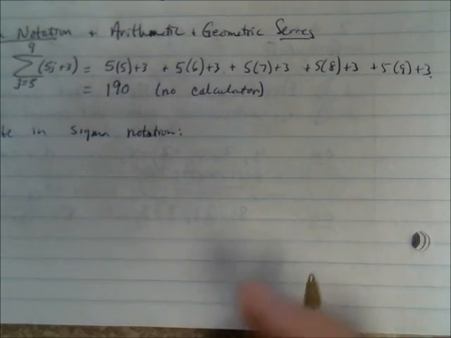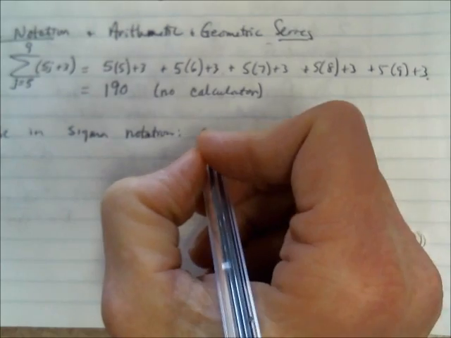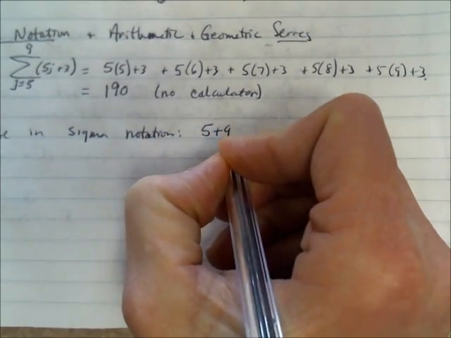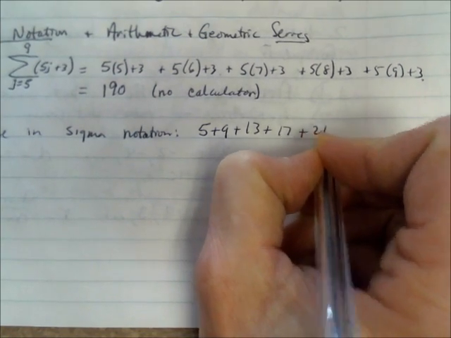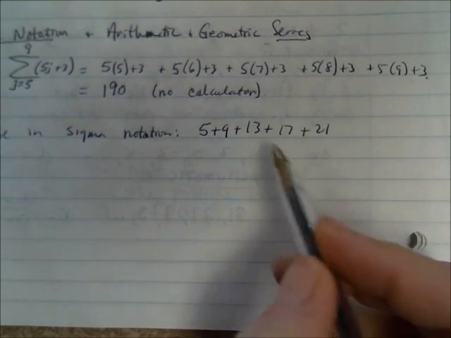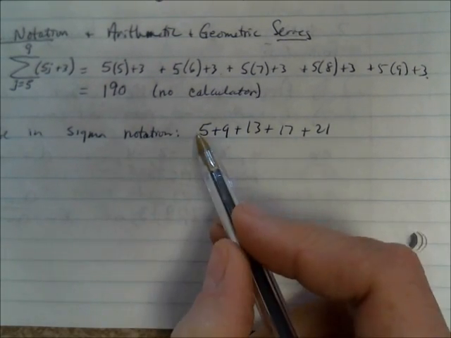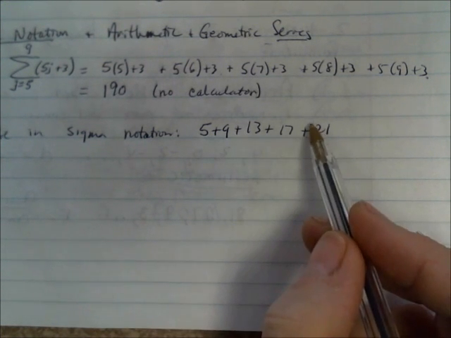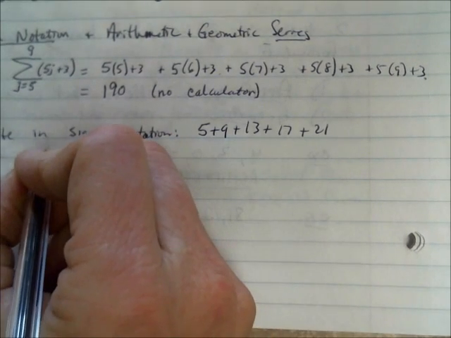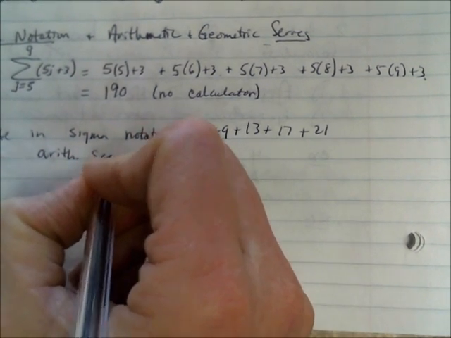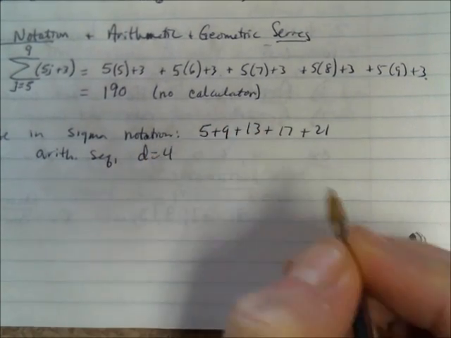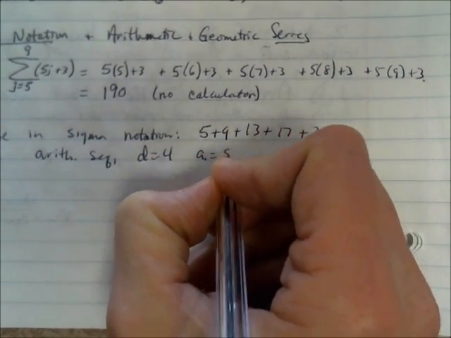All right, let's start with this first one: 5 plus 9 plus 13 plus 17 plus 21. First of all, I should recognize that this is an arithmetic sequence. The D value is equal to 4, and the first term is 5.